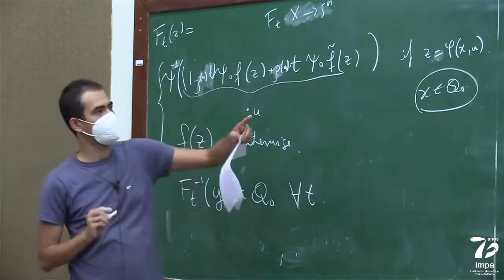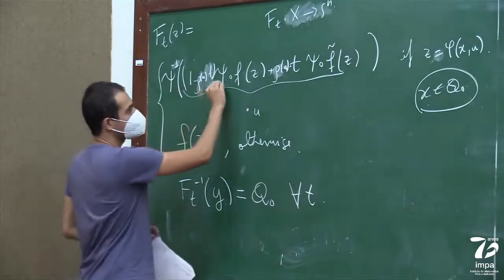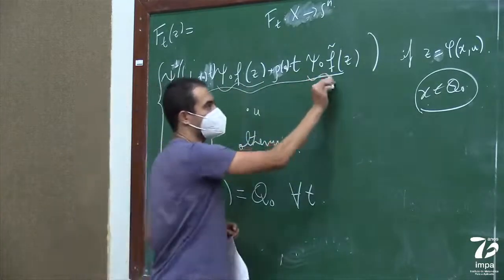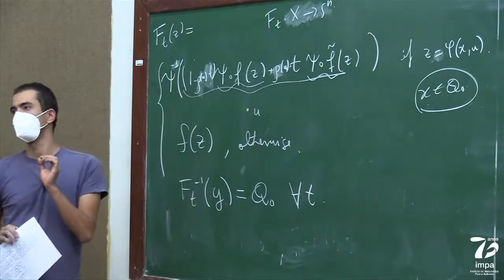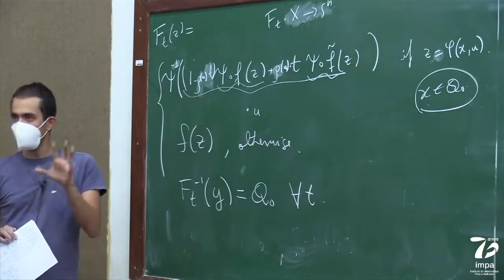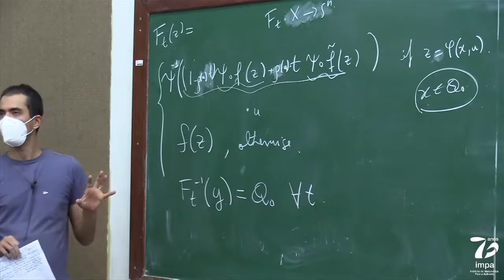I use u instead of v, but it's the same thing. And then this guy here is going to be positive, and this guy here is just u, so times u is going to be positive, unless u is equal to 0. And that's exactly the point. Okay?